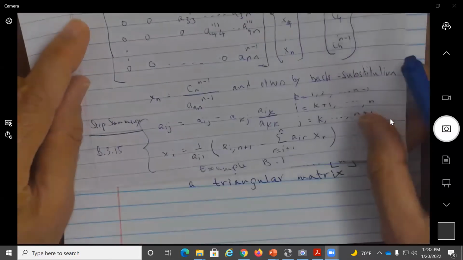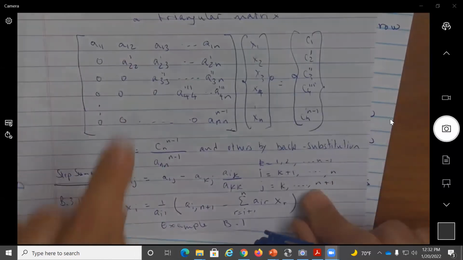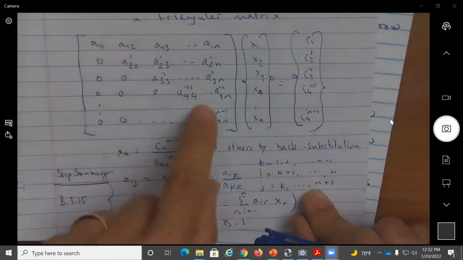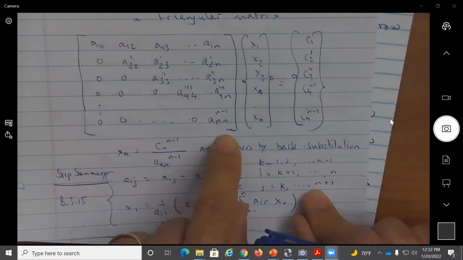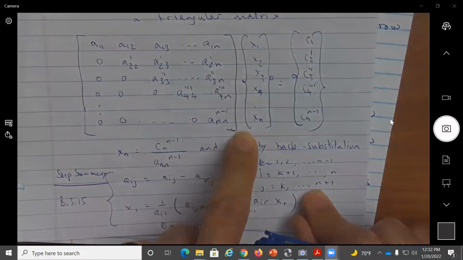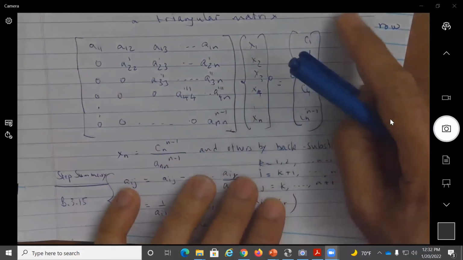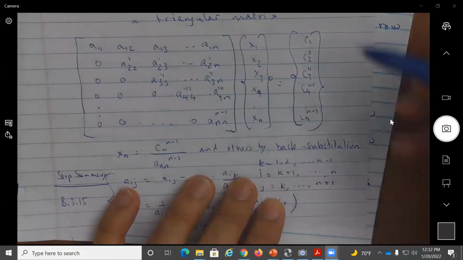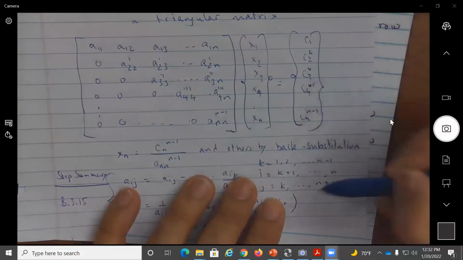Just for the sake of time, it's going to look like this. So A is going to become a triangular matrix. You see, we have a diagonal of A11, A22, A33, A44 until Ann, multiplied by the unknowns, and the constants are also changing because they're part of the rows. So this is the first iteration, second, third, and so on.